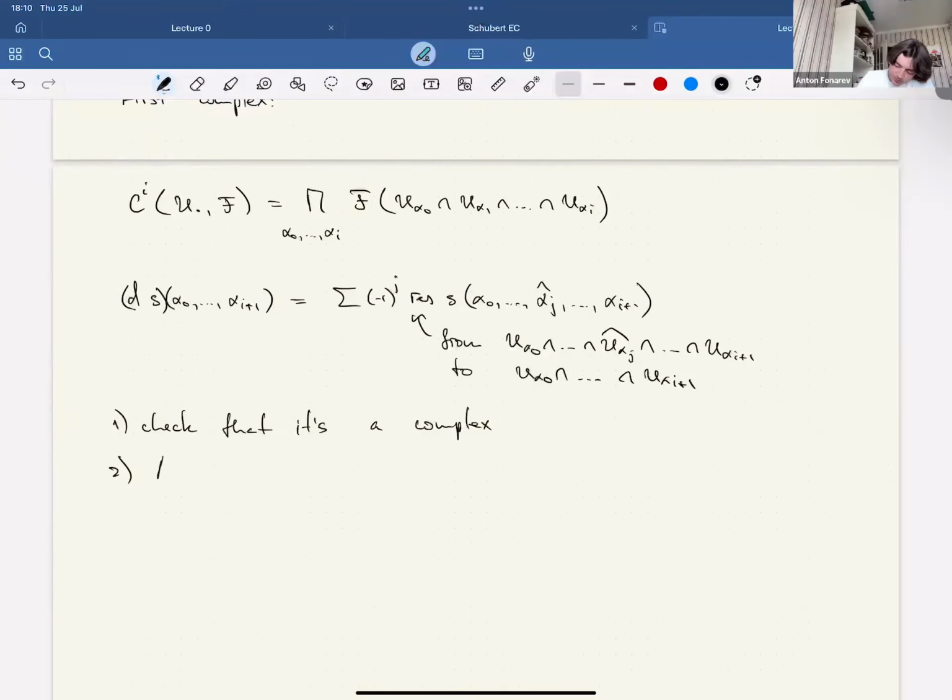So, check that it's a complex, and put Ȟ, Čech cohomology with respect to the covering U of F, to be the cohomology of the corresponding complex.